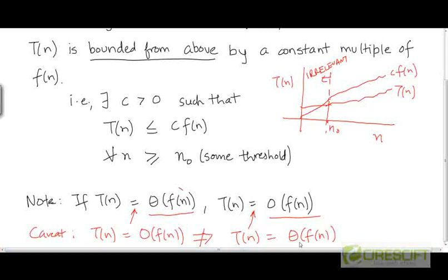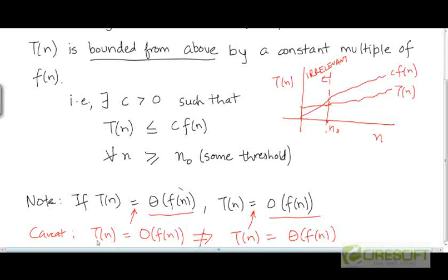So you're saying that there's some constant multiple of f of n acting as the upper bound, and there's another constant multiple of f of n acting as a lower bound. So in some ways, f of n is a tight bound for T of n, because some multiple of f of n is bounding T of n from above, and another constant multiple of f of n is bounding it from below.